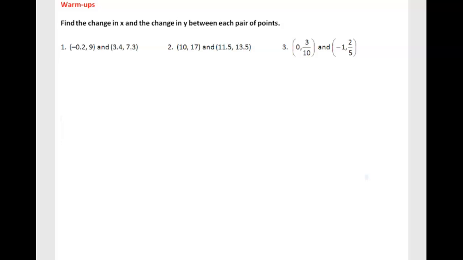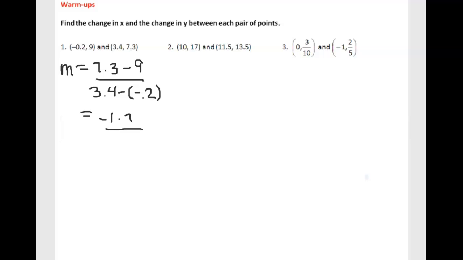a change in X and Y. So number 1, your slope was equal to 7.3 minus 9 over 3.4 minus a minus. So 7.3 minus 9 gave you negative 1.7 over 3.4 minus a minus.